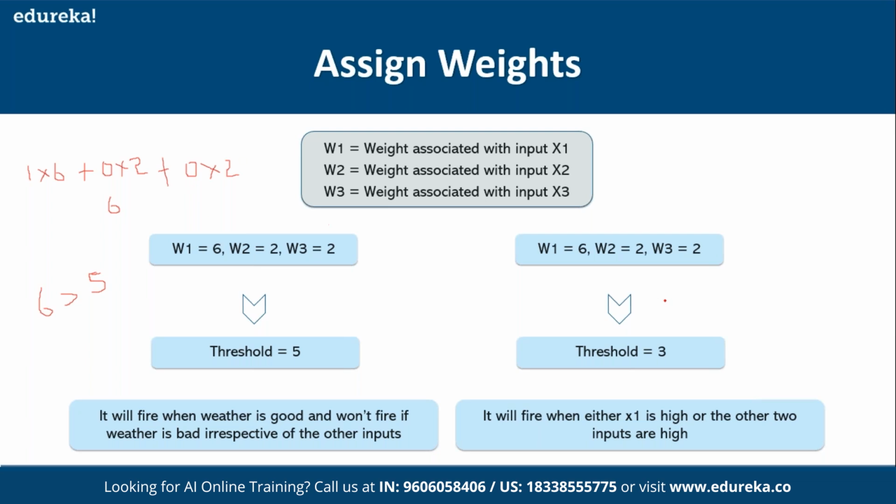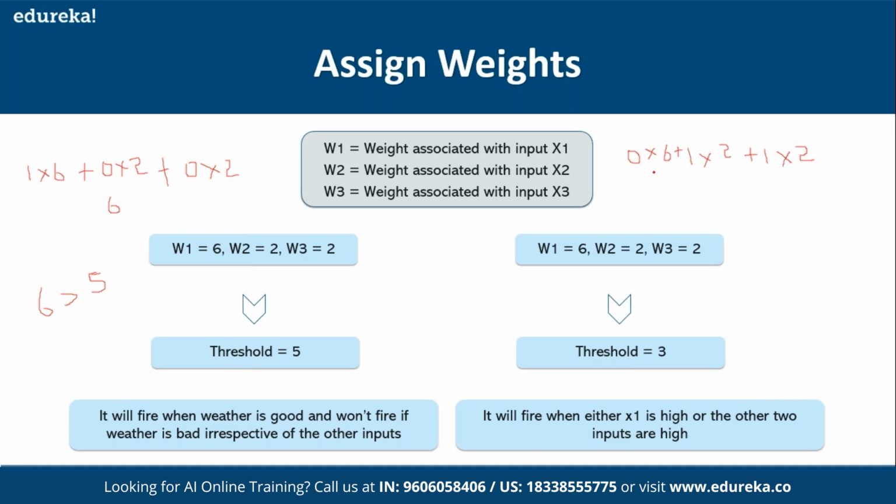Assume we keep the weights 6, 2 and 2, but we change the threshold. Now in this case the weather is bad, which means 0 into 6. Assume the spouse is accompanying you for the beer party, which is 1 into 2, and we also have public transport available, 1 into 2.